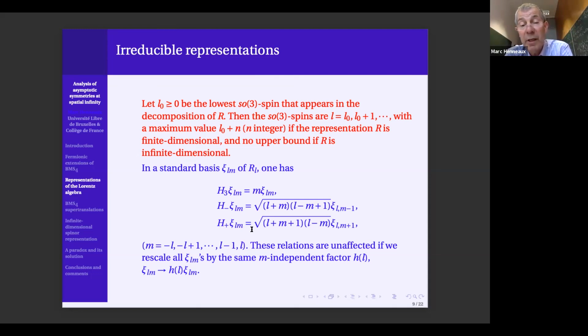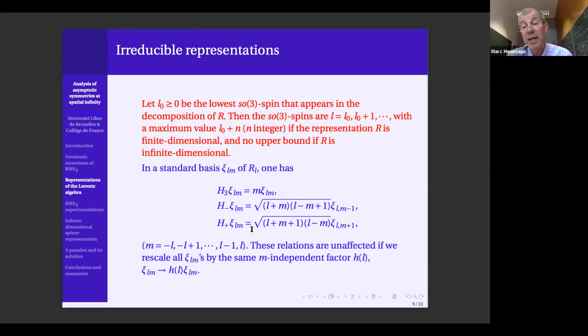Now, just notice, and this is something that they used to present the formulas which are on the next slide, that these formulas are invariant if you rescale all the vectors psi LM by some factor which only depends on L. So in the same RL, you rescale all the vectors. Of course, you will change the norm, but I'm not discussing unitarity at this moment, or scalar products at this moment.